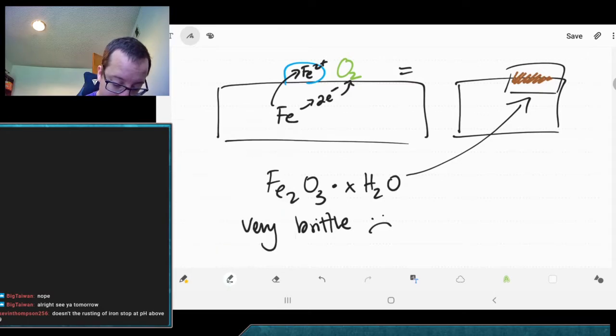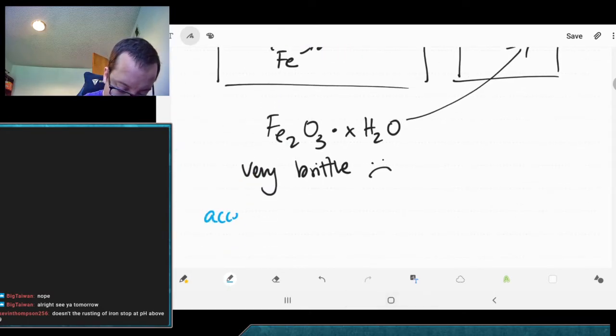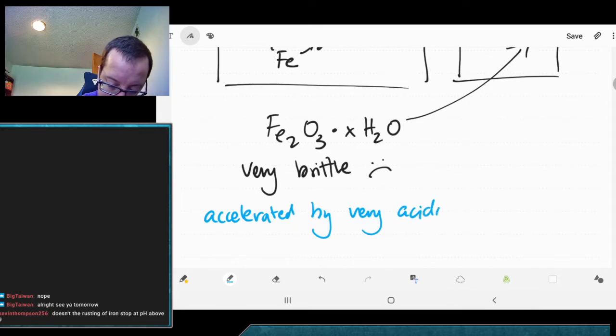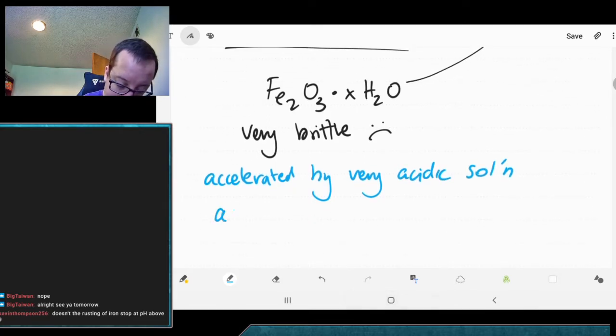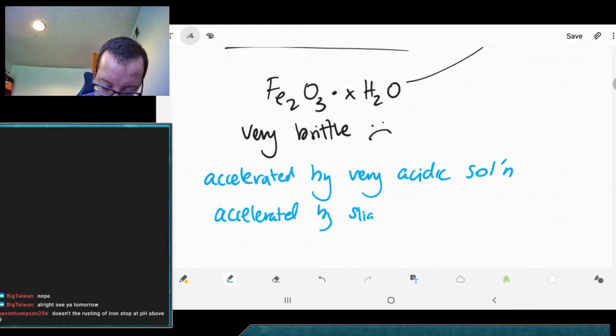This is accelerated by very acidic pH. It's also accelerated by slightly basic pH.